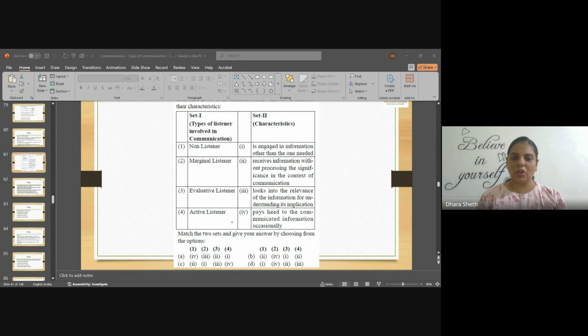Evaluative listener, on the other hand, does not process the information in the right context. And active listener is someone who actually looks into the relevance, with an open mind, of whatever the communicator is trying to say. That's why the answer is B. Clear? Because the answer was very different.